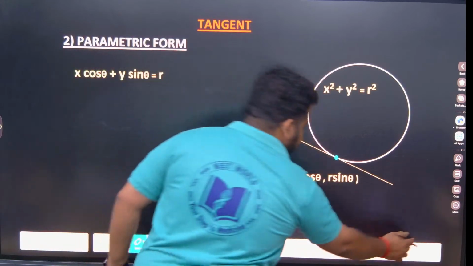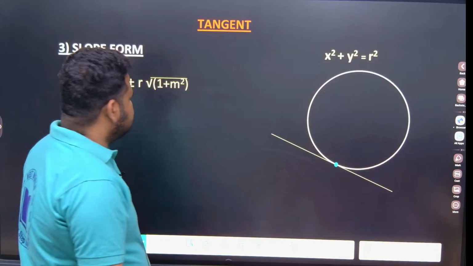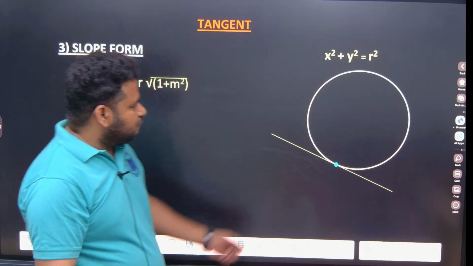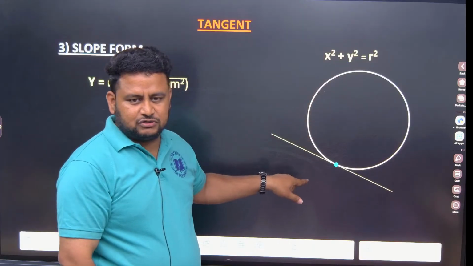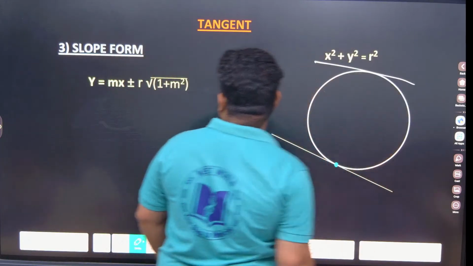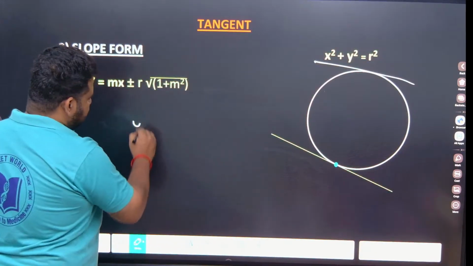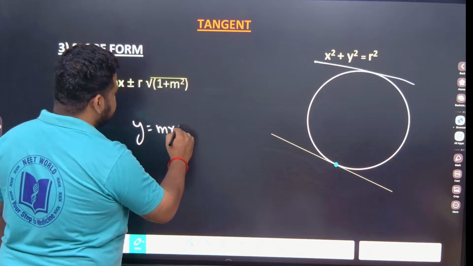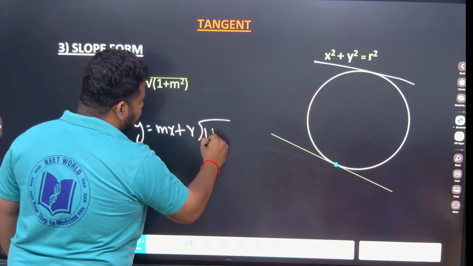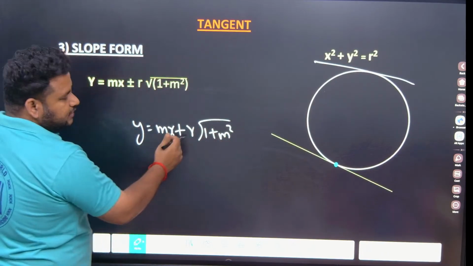Okay, next thing, slope form. Slope form is given means, suppose one tangent is given, there will be another tangent which is parallel to this. So, if the slope is m, the equation of one tangent will be y is equal to mx plus r into root of 1 plus m square.